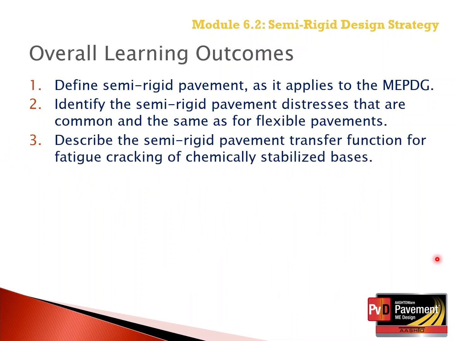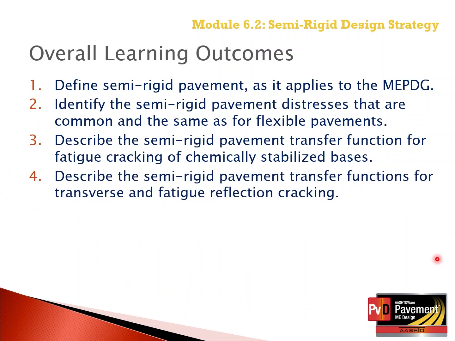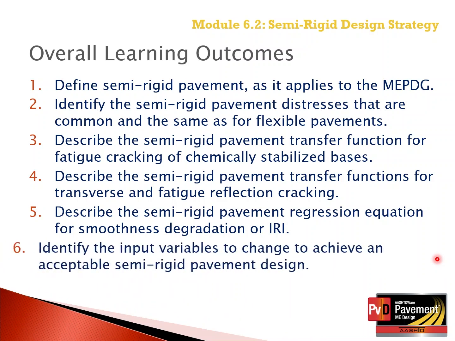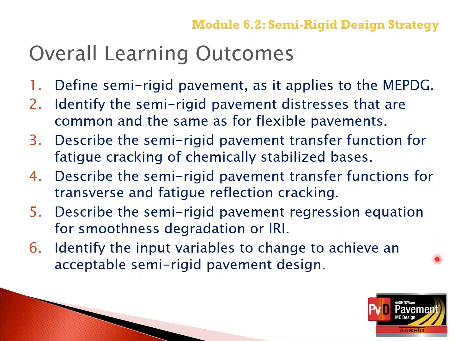We described the semi-rigid pavement transfer functions for fatigue cracking of chemically stabilized bases. We described the semi-rigid pavement transfer function for transverse and fatigue reflection cracking. We described the semi-rigid pavement regression equations for smoothness or IRI. And then finally, we identified the input variables that a user considered to change to achieve an acceptable semi-rigid pavement design.